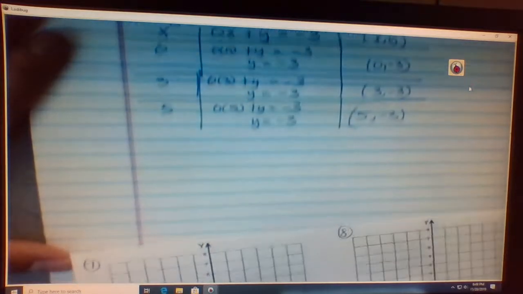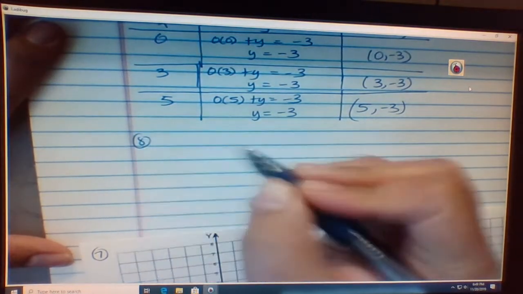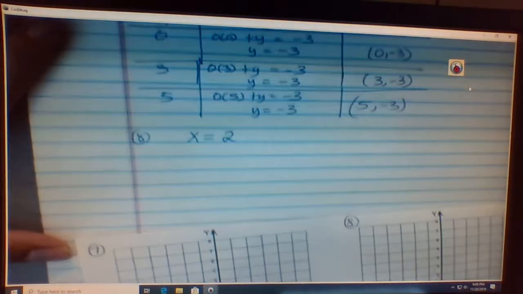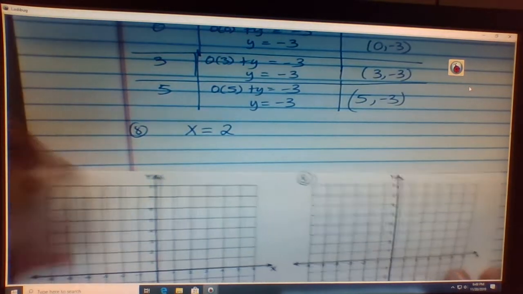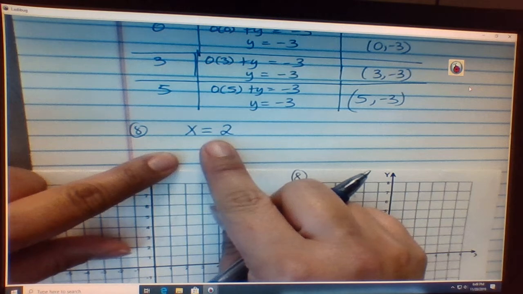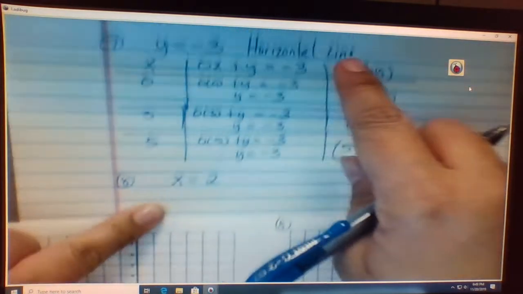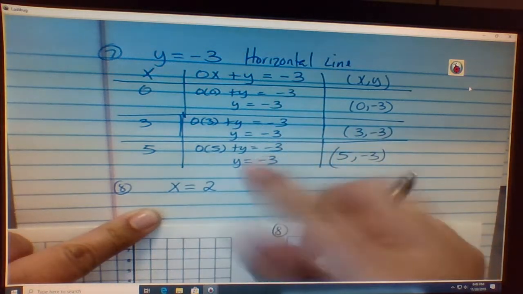So without a table, if I were to tell you to graph number 8, x is equal to 2, what type of line do you think this is going to be? If it's not horizontal, it is a vertical line.